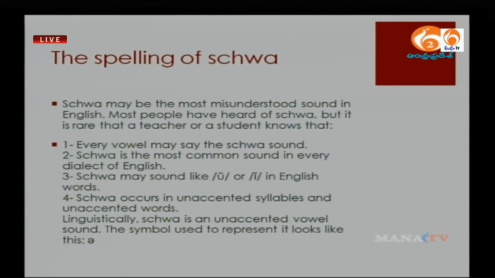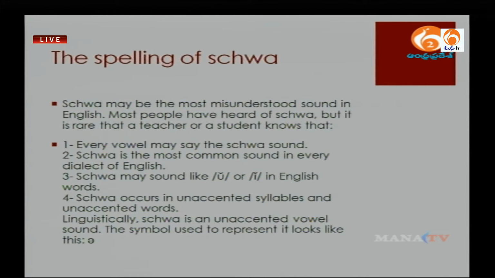This particular sound is the most important sound in the English language, for the simple reason that 90% of words in English take this sound, either at the start of the word, in the middle of the word, or towards the end. Schwa may be the most misunderstood sound in English. Most people have heard of schwa, but it is rare that a teacher or student knows that every vowel sound may say the schwa sound.